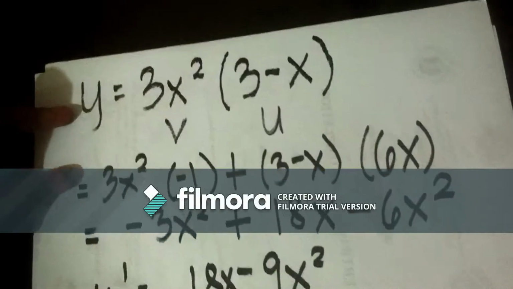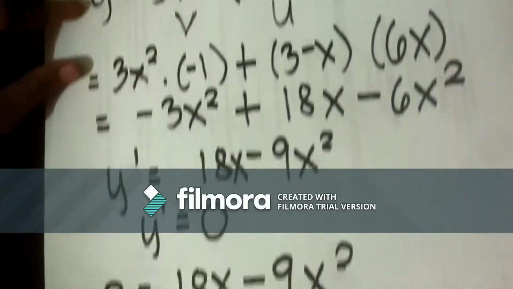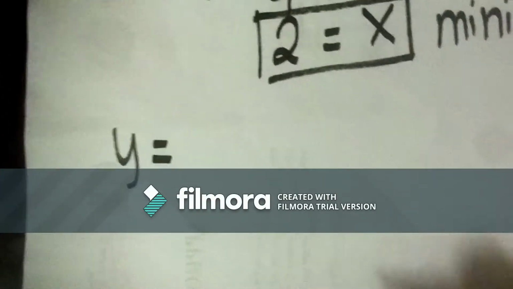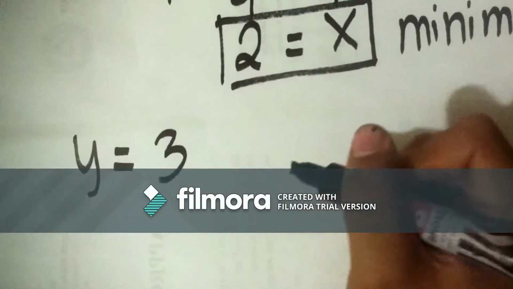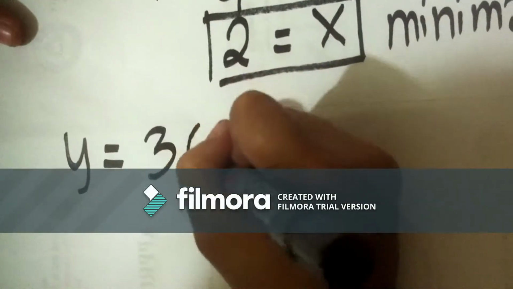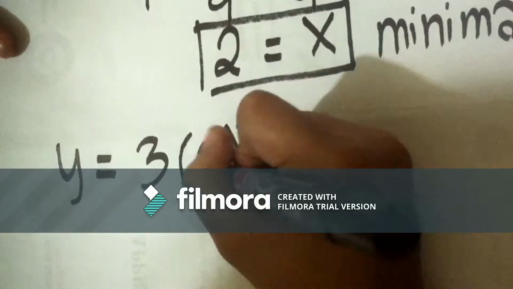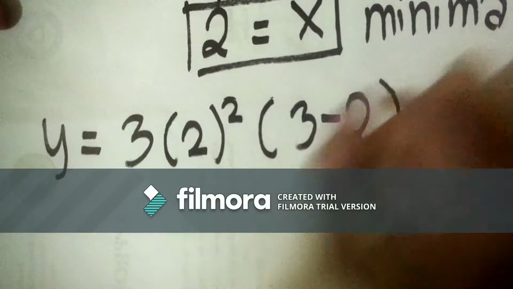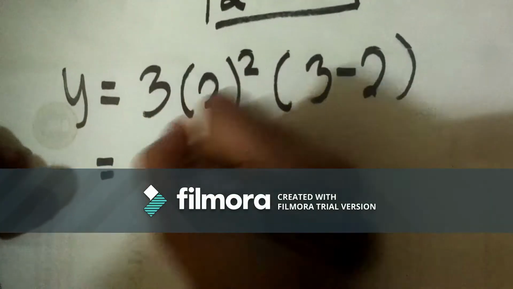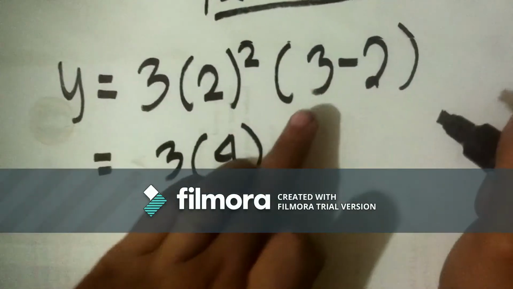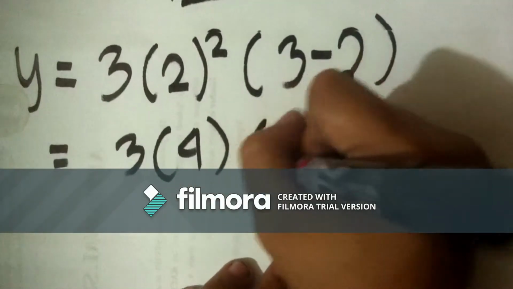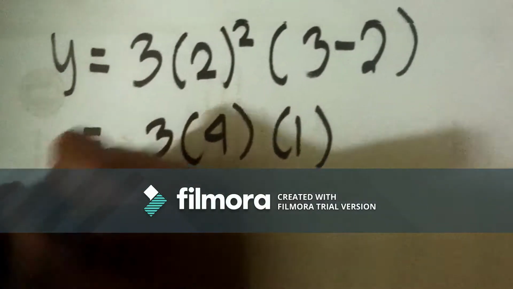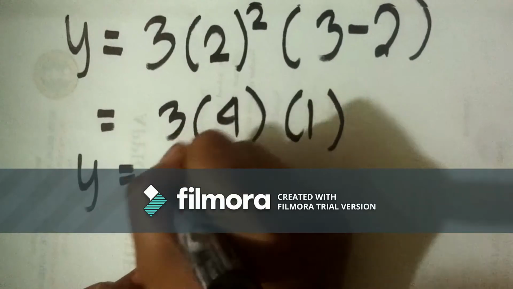So y is equal to 3, x is 2, raised to 2, times 3 minus 2. So 3 times 4 times 1 equals 12. So our y is 12.